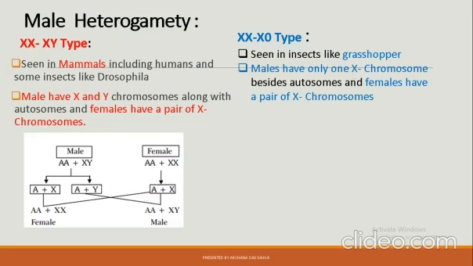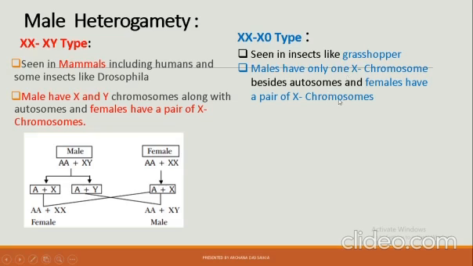So in organisms like grasshopper, both males and females have an unequal number of chromosomes. The females have 24 chromosomes and the males have 23 chromosomes, one chromosome less than the females.